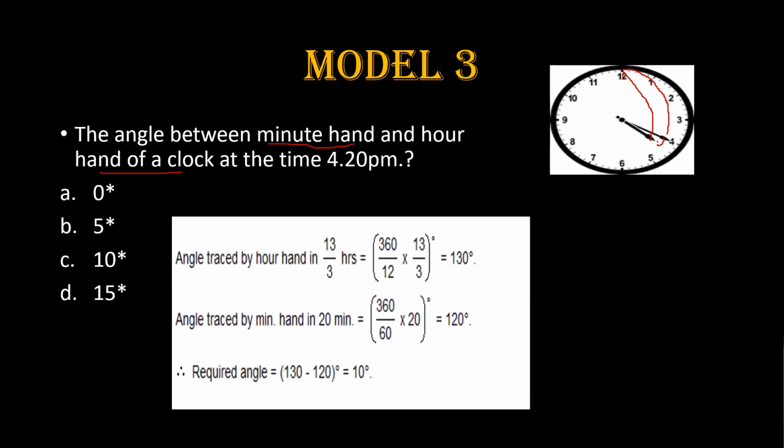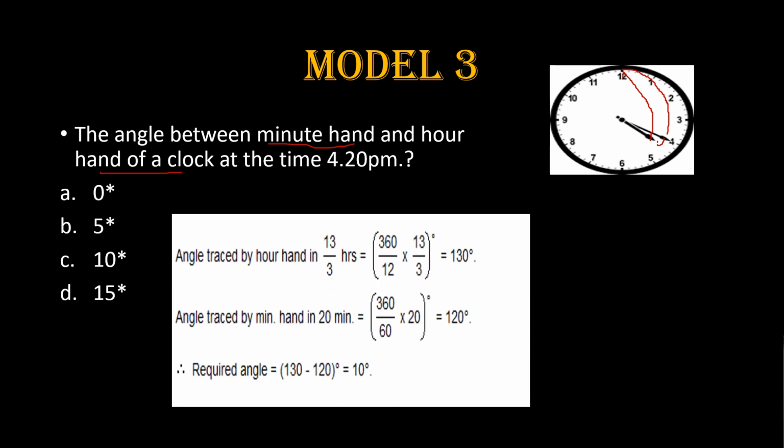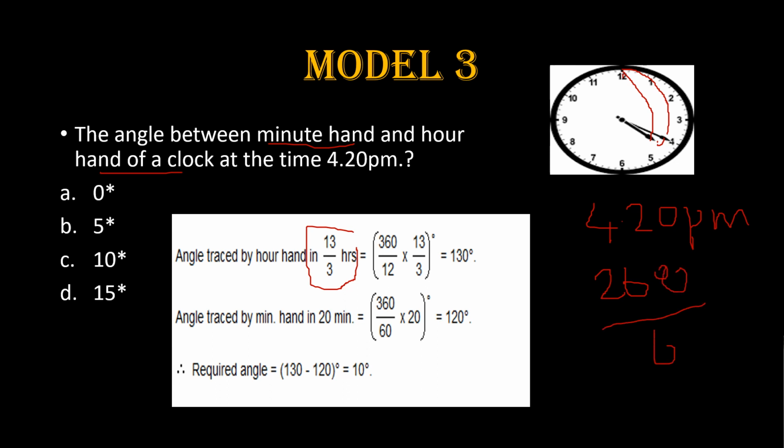So first we are calculating for the hour hand. They have given 13/3 hours. How this 13/3 hours? That is 4:20 p.m. So there are 4 hours and 20 minutes. So 4 hours will be 240 minutes, and plus 20 minutes you will get 260 minutes. And for 1 hour there are 60 minutes.